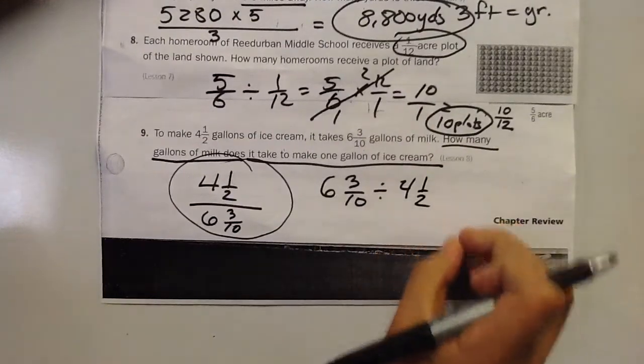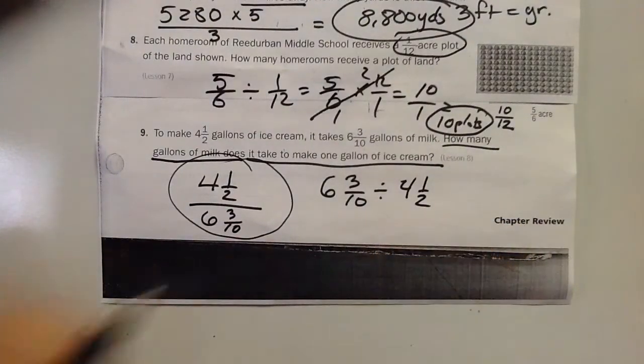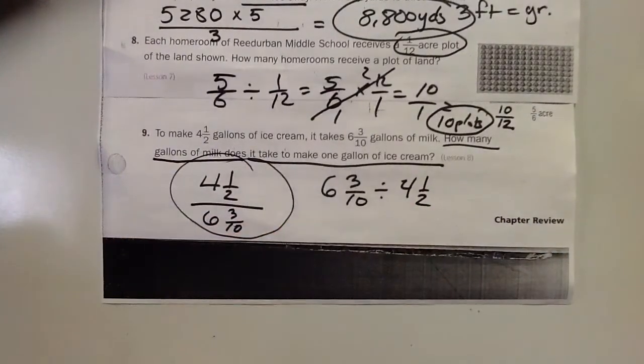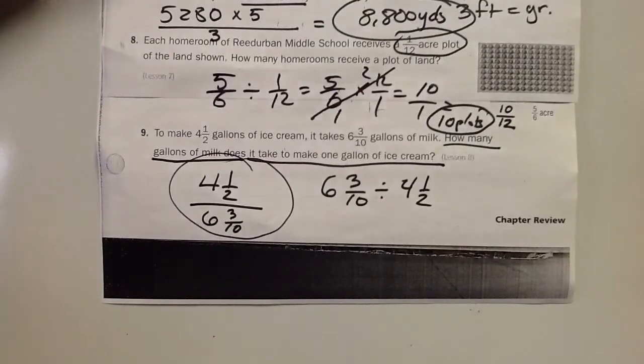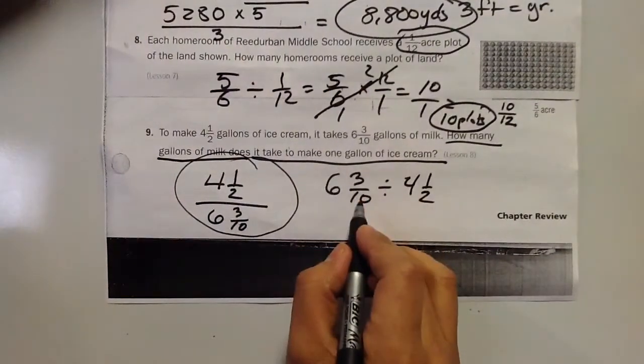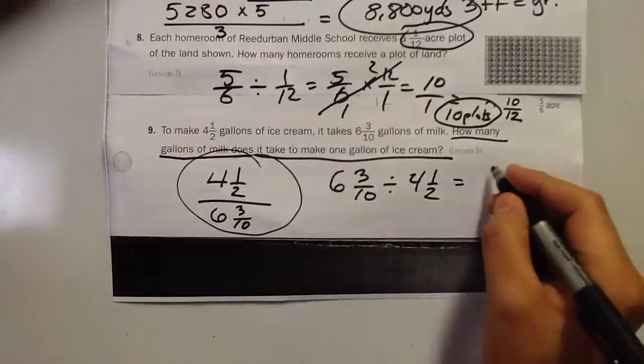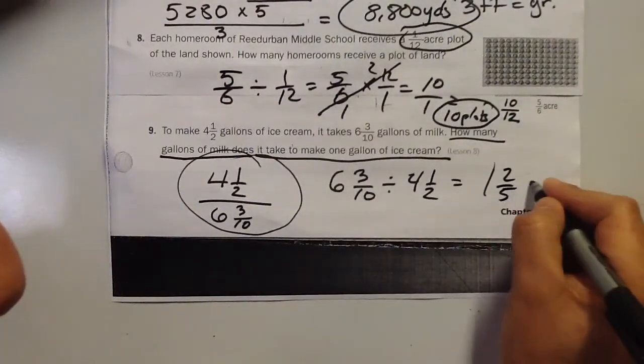Why? Because I'm trying to find out how many gallons of milk. Let me make sure I don't do this backwards. How many gallons of milk does it take to make 1 gallon of ice cream? And so I would divide 6 3/10 by 4 1/2, which would give me 1 2/5 gallons.